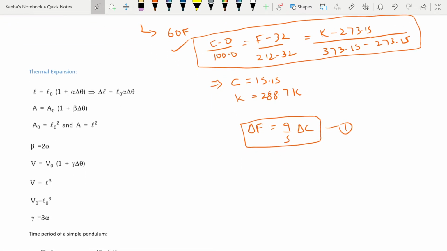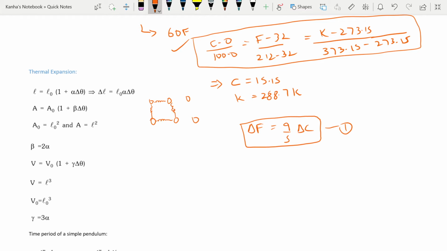So when matter is heated without any change in its state, it usually tends to expand. Okay, so according to the atomic theory of matter, asymmetry in the potential energy curve is responsible for thermal expansion. As we raise the temperature, the amplitude of vibration increases in the solid, and hence energy of atoms increase. So basically, what they are trying to say here is that when you're making a solid with atoms inside, you can assume that there are some springs that are connecting these.